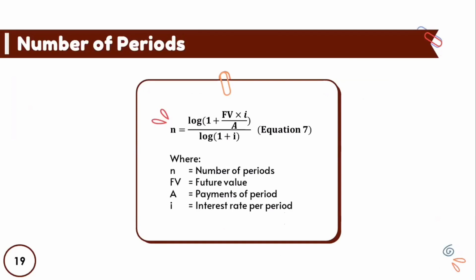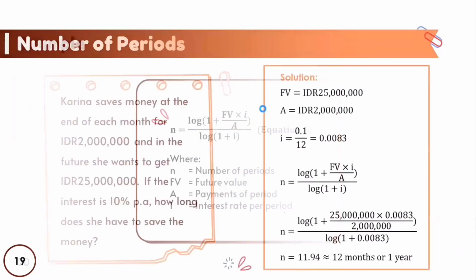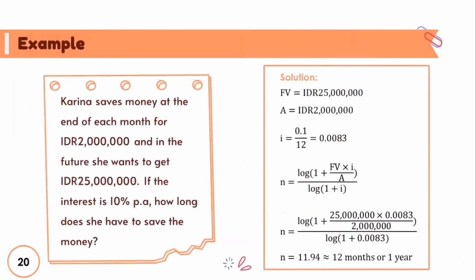Next is number of periods. This is the formula to find number of periods in ordinary annuities. So the example is like this. Substitute the information to the formula of n.